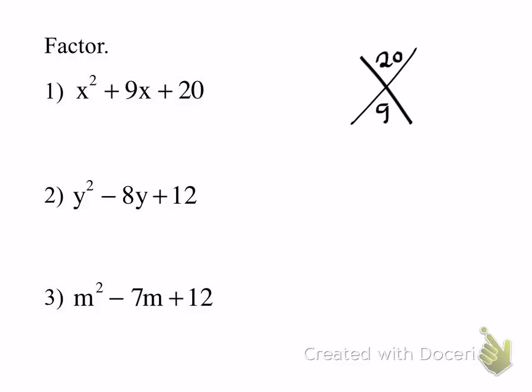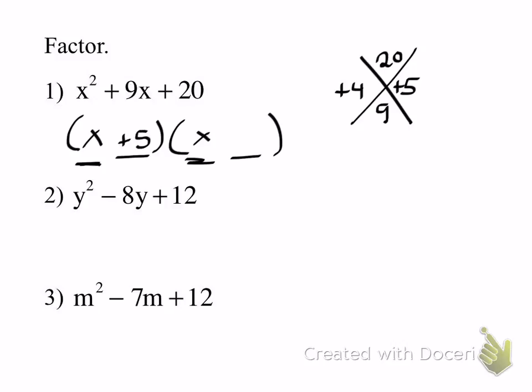Gohar? 5 and 4. And so what would it factor to, Josh? Is that a positive 4 or negative? So when I ask you what it is factored to, you say x plus 5 times x plus 4.